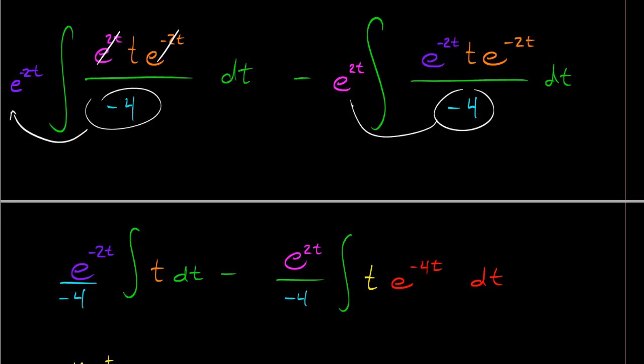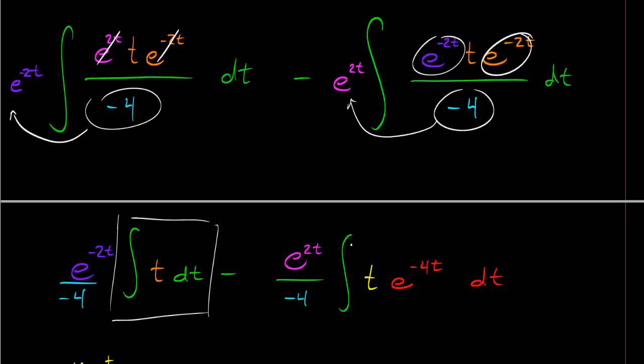Same with this negative 4. But when we combine these two values, instead of getting e to the 0, we get e to the negative 4t. Because remember, we add exponents when we're multiplying like bases. So here are the two integrals we'd like to evaluate.